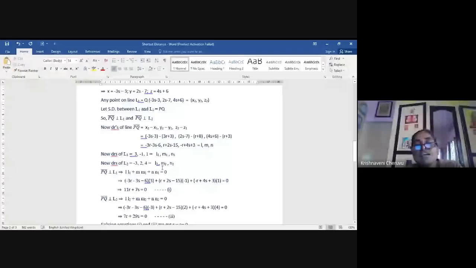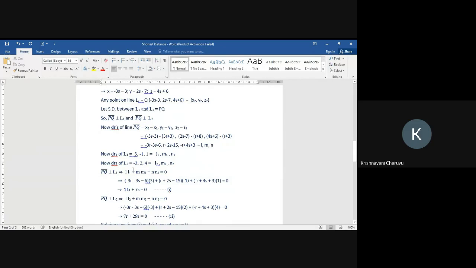And already we named the DRs of PQ as l, m, n. Because PQ is also perpendicular to L2, the condition for perpendicularity is l l2 plus m m2 plus n n2 is equal to 0. Okay, so these two conditions are crucial here, girls, because PQ is the shortest distance. Line PQ is perpendicular to L1, line PQ is perpendicular to L2. This is the condition for perpendicularity.